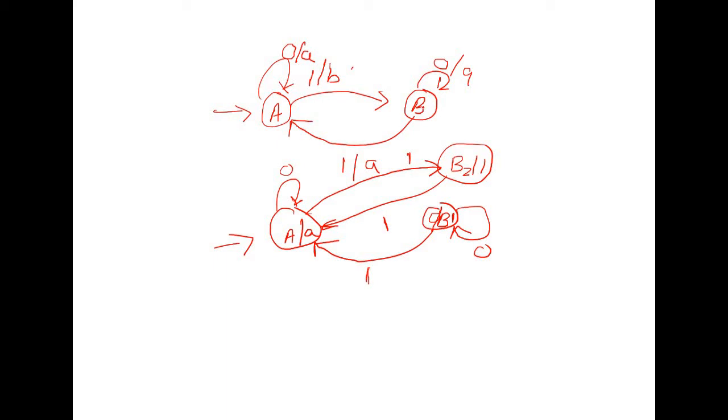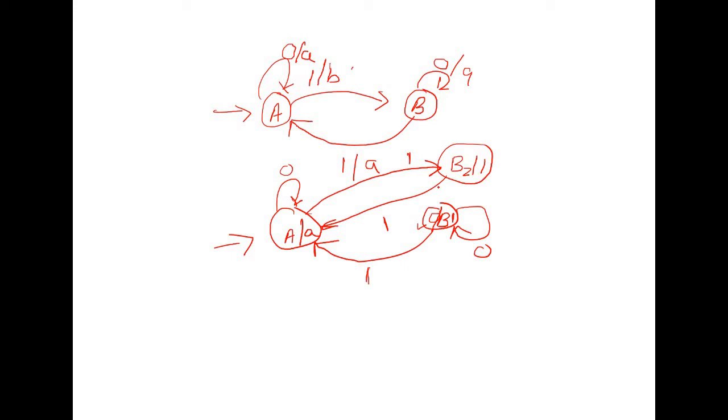When we have a situation for B, where from here we have a different output incoming, and from here we have a different output incoming, we divide the states into 2 different states and then we balance it. Now in this case we have a loop back, but here we will not have a loop because the loop edge was giving the output A. This one was given the output 0, so the loop will be here, but here we will not put the loop.